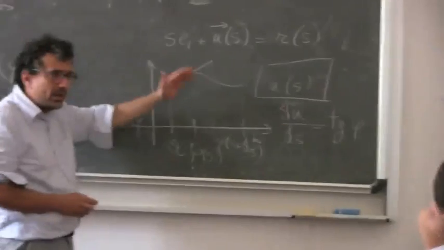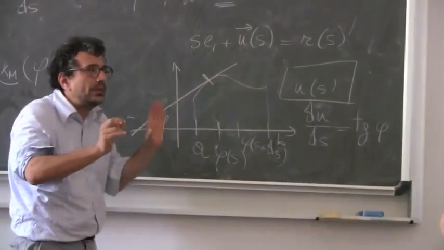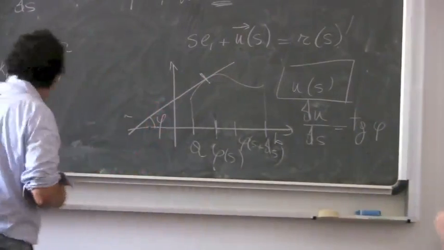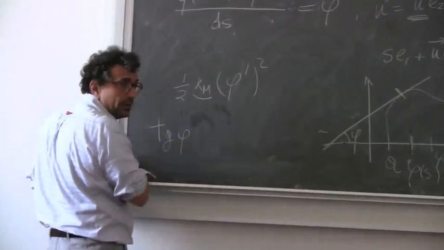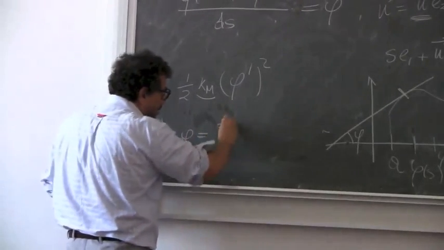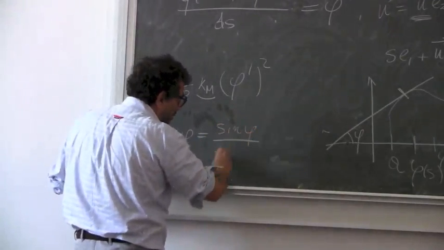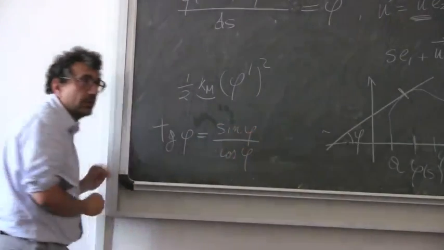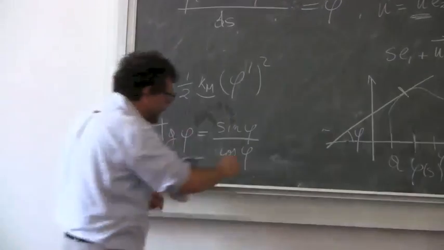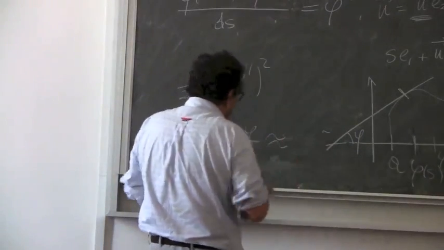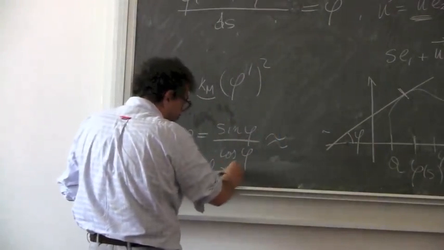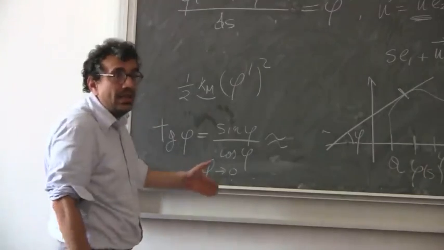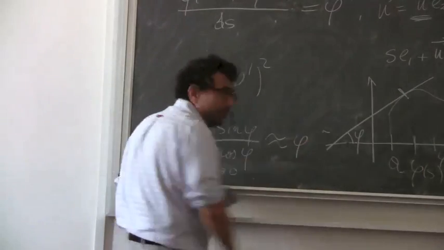Why? Because we can assume that this beam is deformed a little bit. So, tangent of phi, which is equal to sinus phi over cosinus phi, is nearly equal, when phi is tending to 0, to phi.